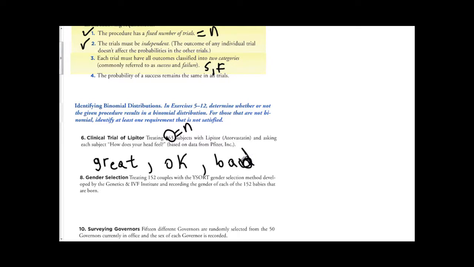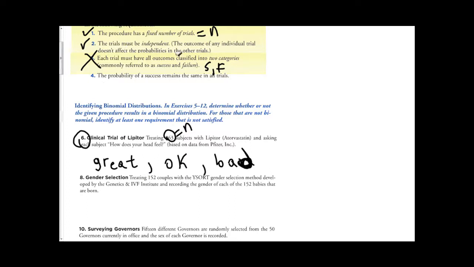Great, okay, bad, and anything in between. So there are many different outcomes here, so this one is not met. So number six is actually not a binomial distribution. Maybe some other kind of distribution, but it's definitely not binomial because it doesn't meet the requirements.